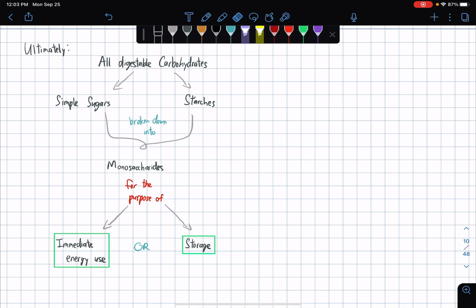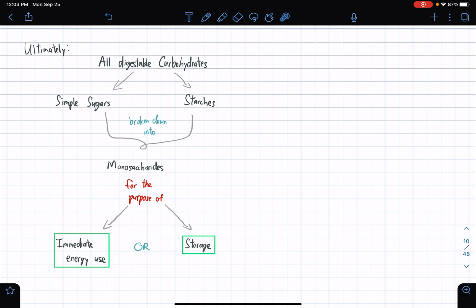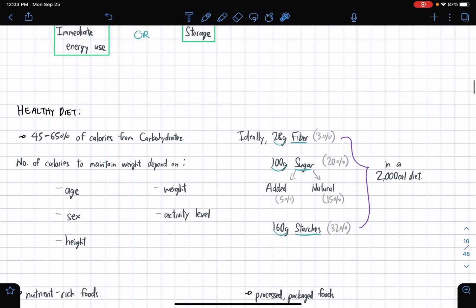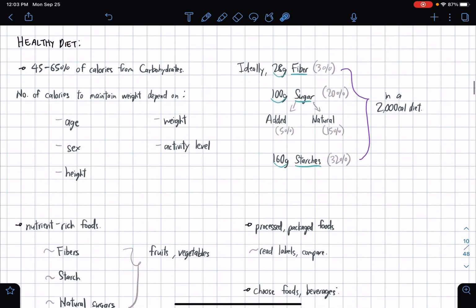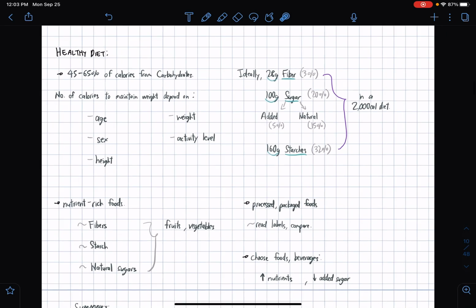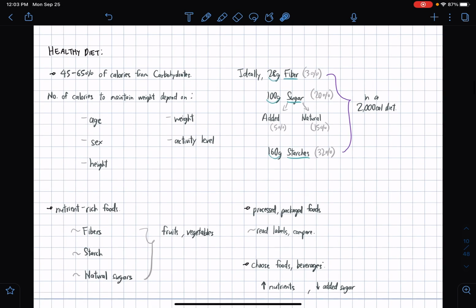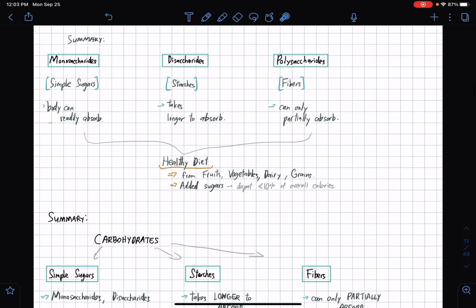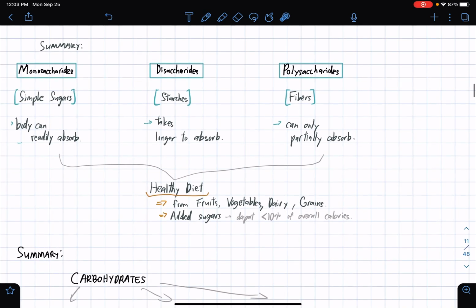And for storage, excess sugar tends to be converted into lipid. So yeah, this is everything you're supposed to know for a healthy diet in terms of carbohydrates. And this is the summary.